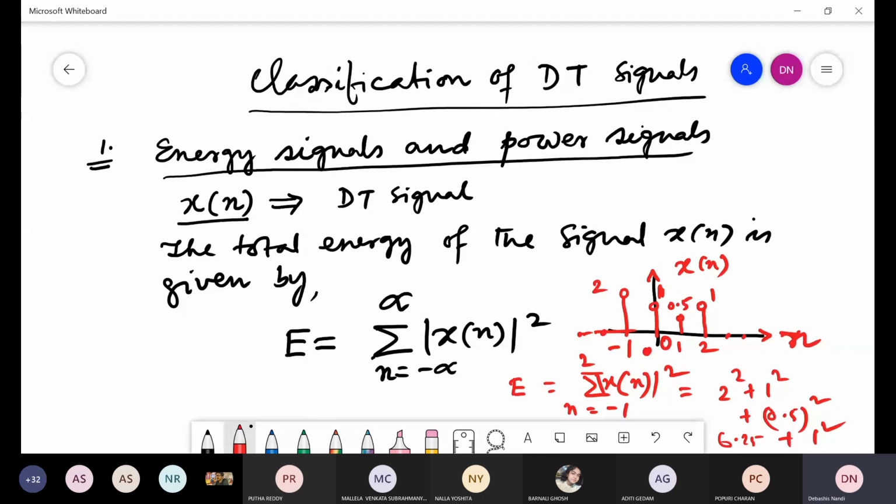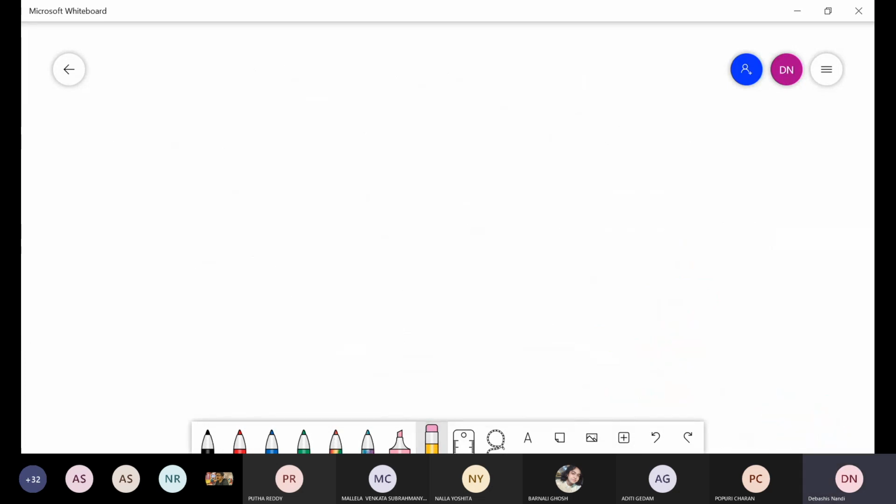Now, similarly, you can find out the power also. Now, you have to remember that if you see this energy E, and this relation holds good, then the signal is called an energy signal.